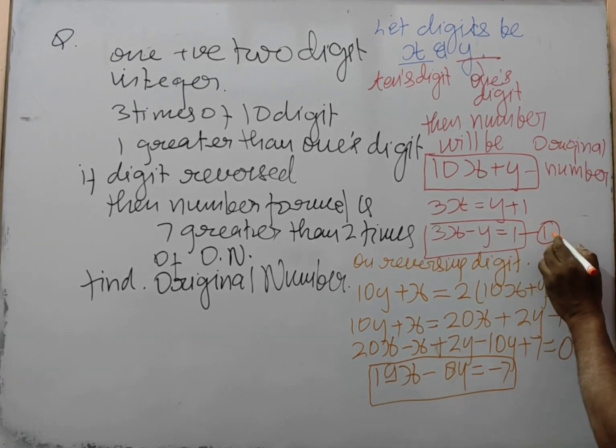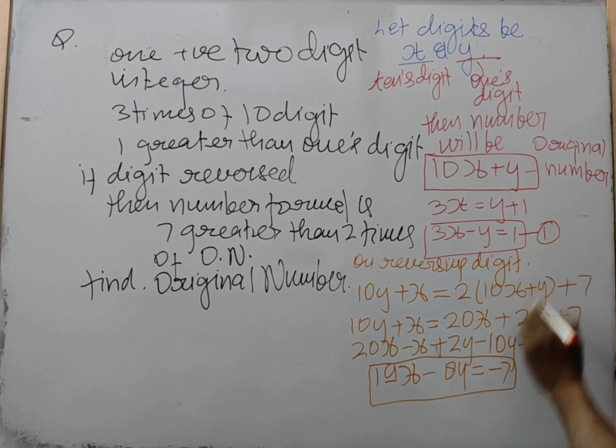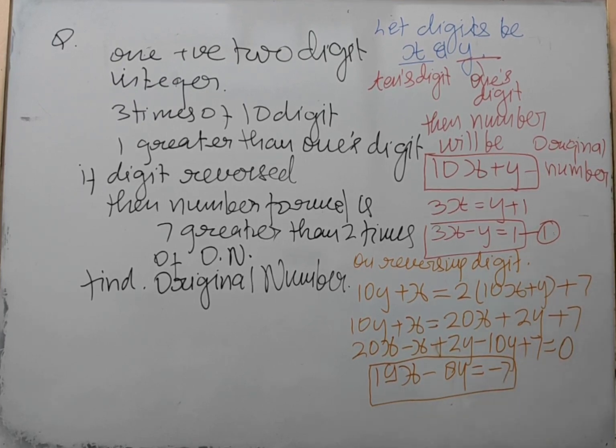First equation is this, second equation is this. Get it? Okay, so what we can do is this. We call this equation number 2.